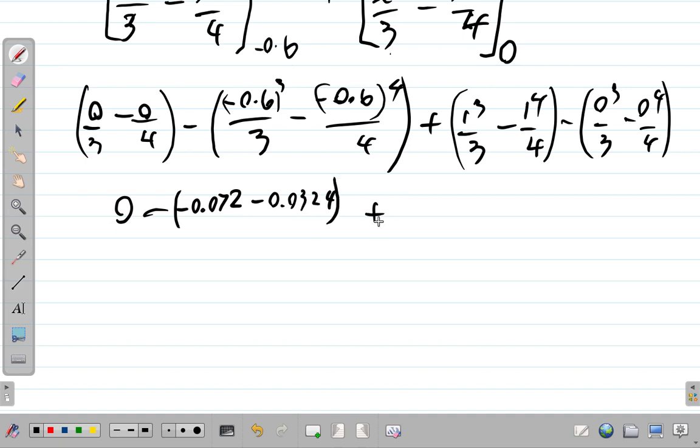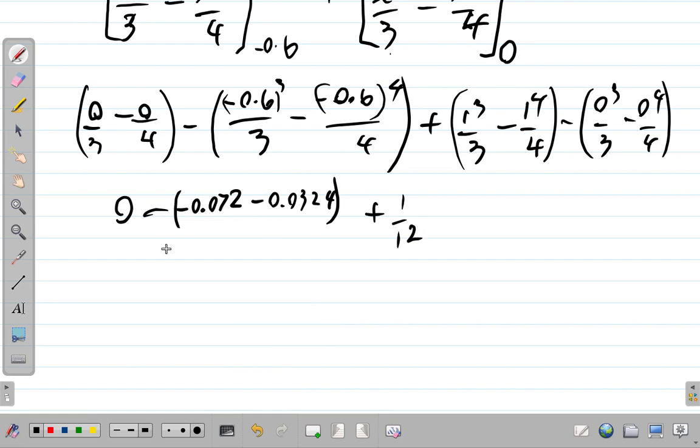Good. Plus 1/3 minus a quarter, minus 0, which will be 0. Now, 1/3 minus a quarter, what was that again? We saw before that amounted to 1/12.